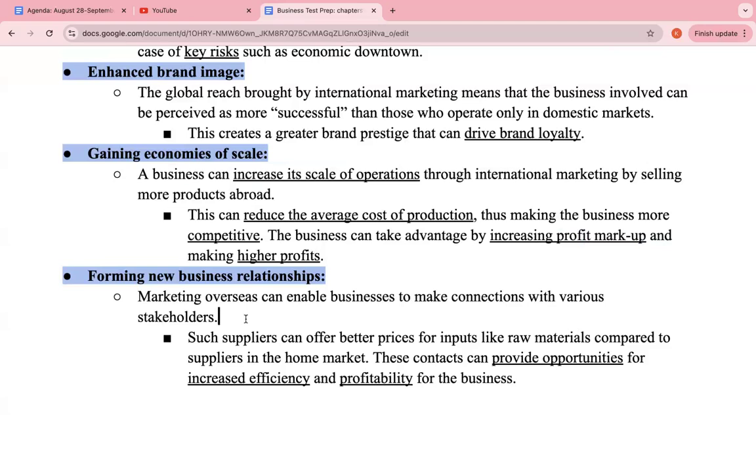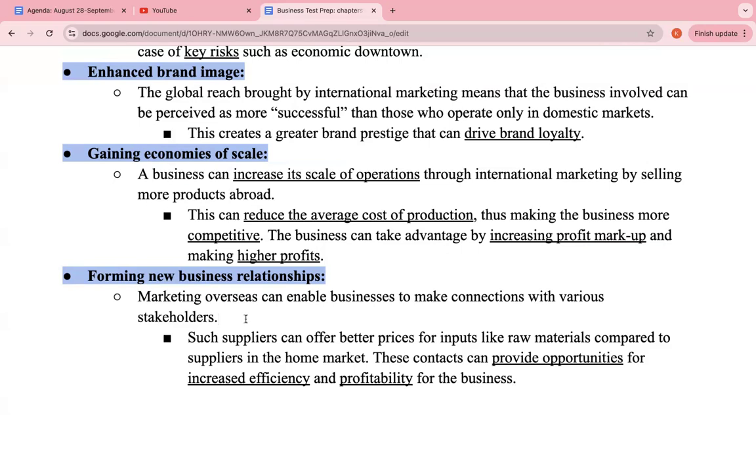Forming new business relations. Marketing overseas can enable businesses to make connections with various stakeholders. This can be mostly suppliers, such as suppliers which offer better prices for inputs like raw materials compared to suppliers in the home market. For example, let's say a business produces cars, and when they open in another country, they find suppliers who make their engines at the same quality but for lower prices.